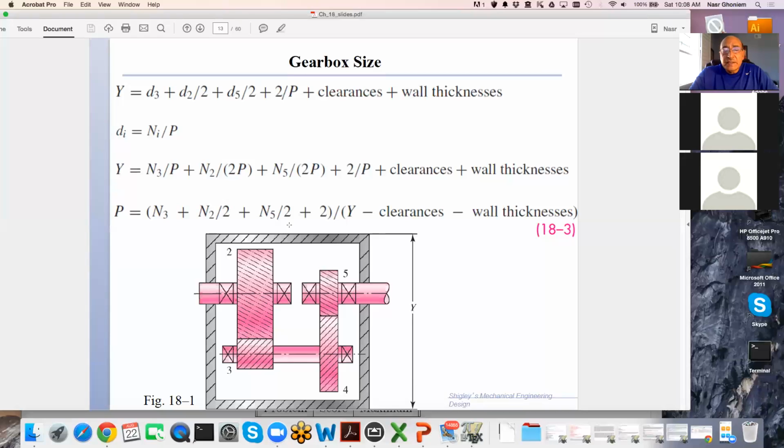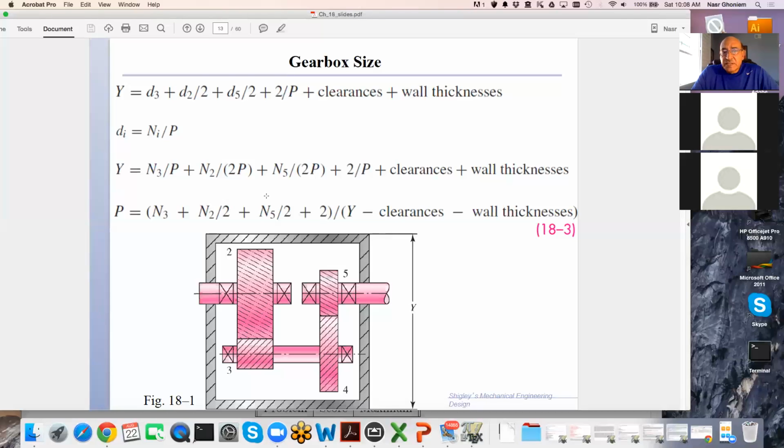And you know now all of the diameters are equal to the number of teeth divided by the pitch, because the pitch is a diametral pitch, capital P, which is a little bit different from the lowercase p, the circular pitch. Circular pitch is like the inverse of the diametral pitch. It's inches per tooth. The diametral pitch is number of teeth per inch. So you work that out and you determine the pitch, and that's it.